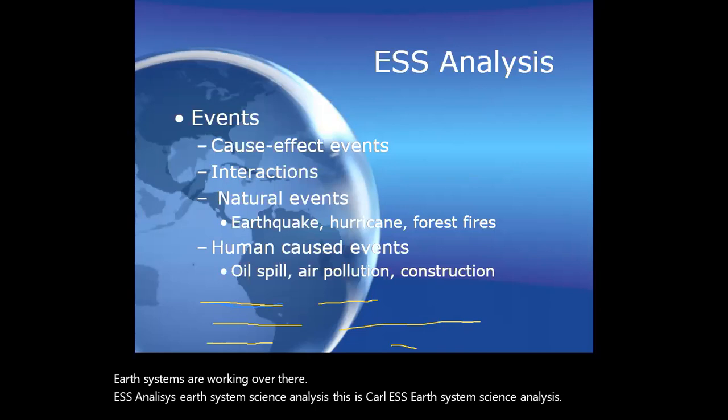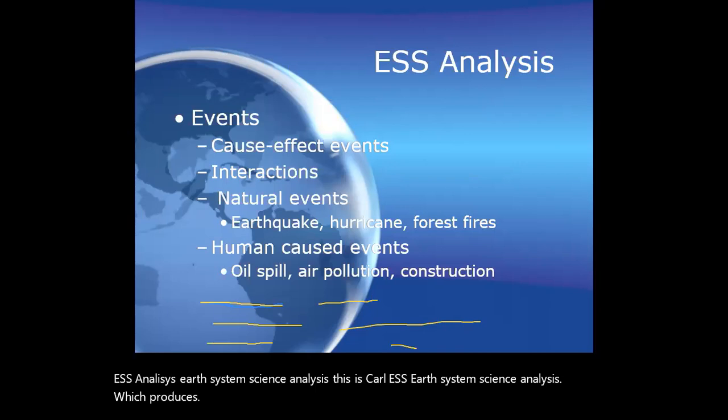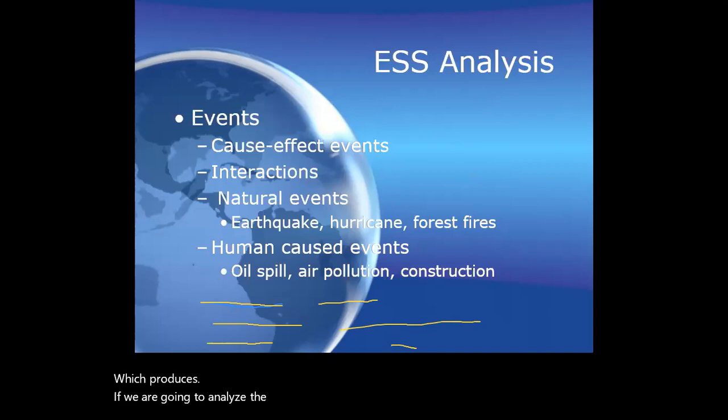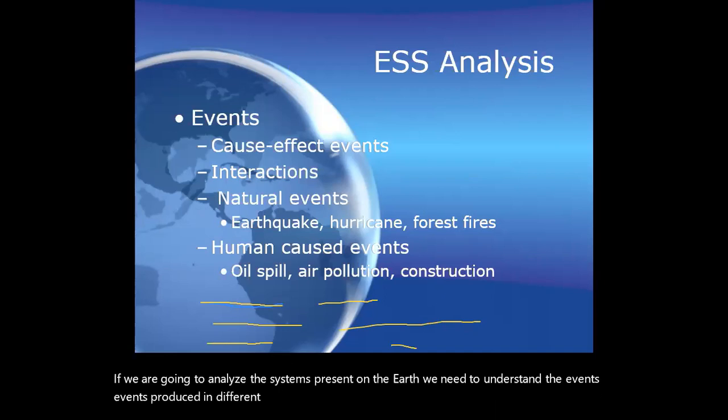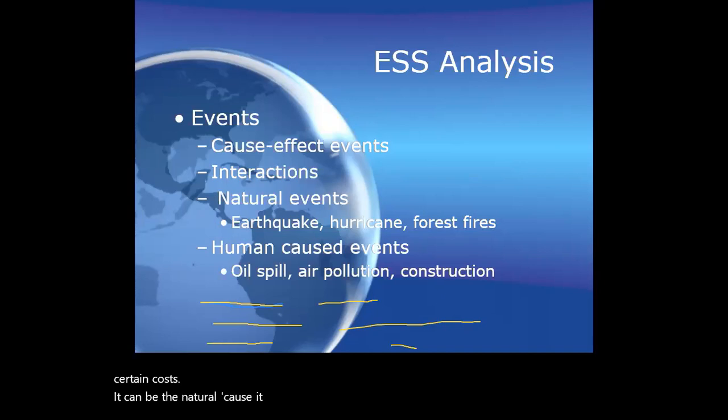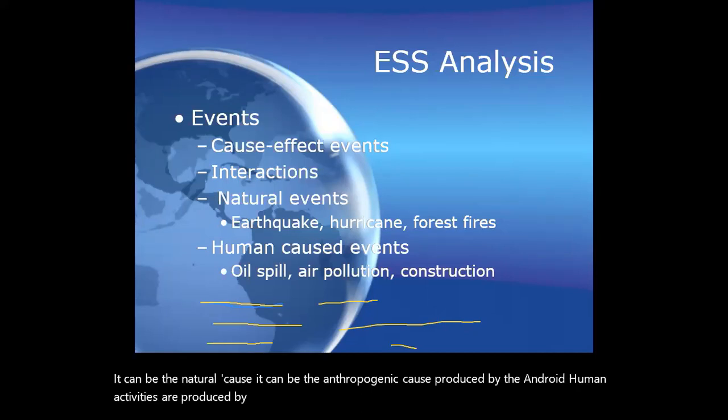If we are going to analyze the systems present on the earth, we need to understand the events produced in different types of spheres of the earth system. Events definitely have certain causes. It can be a natural cause, or an anthropogenic cause produced by human activities, or produced by natural phenomena or natural mechanisms.